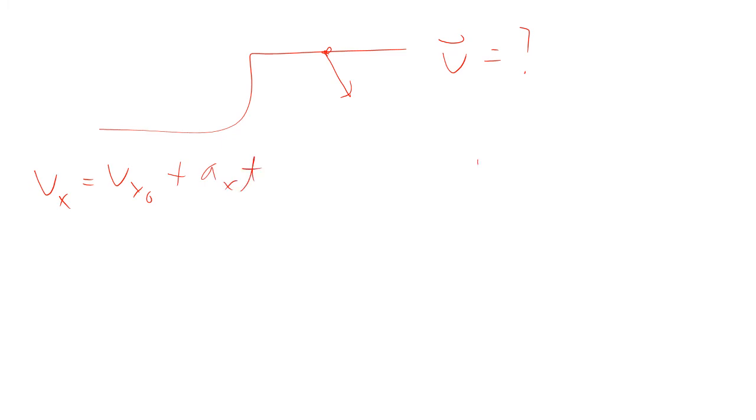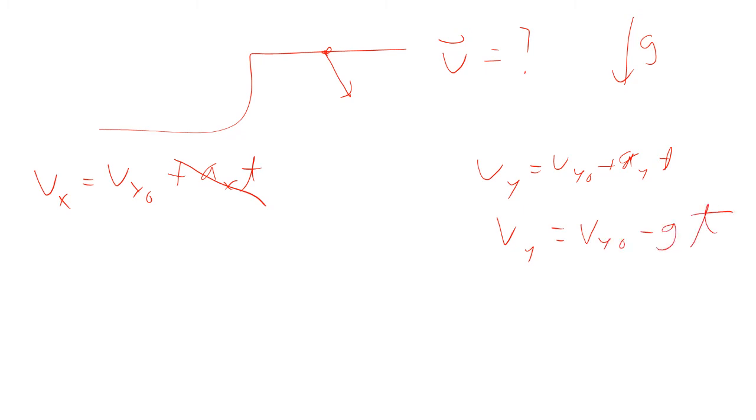Part B of the problem was, when it hits, what direction is it moving, and how fast? So I want to know the vector V. Well, I know that Vx is Vx naught plus a_x t. Vy is Vy naught plus a_y t. As before, the only acceleration is down, so the x acceleration is 0. So Vy is just going to be Vy naught minus g t.